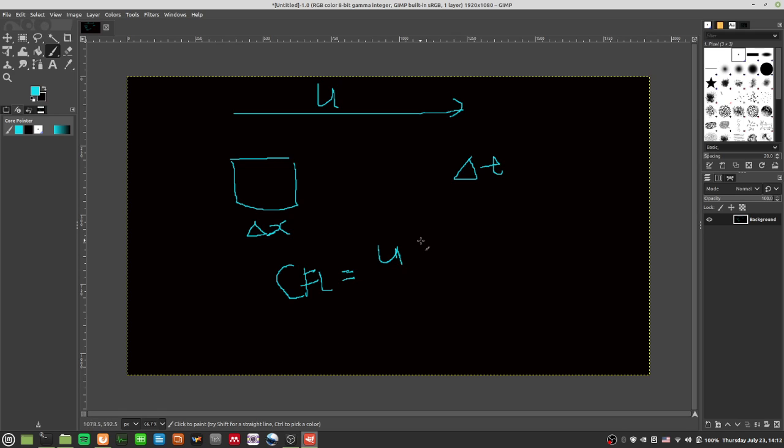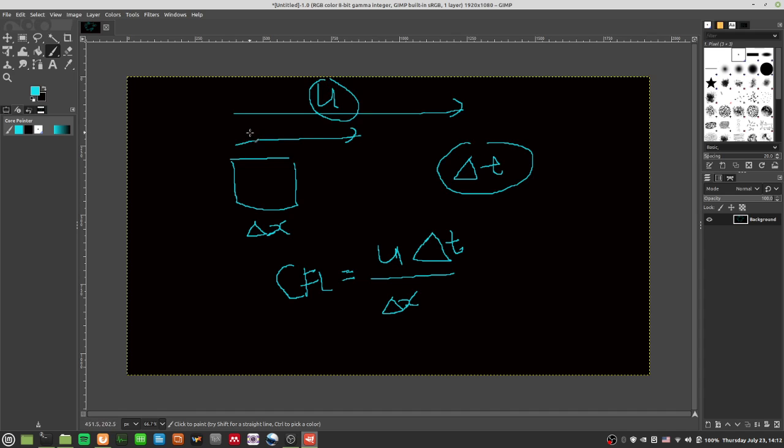It is u delta t over delta x. What it means is that if your velocity and time step give a length scale longer than the cell width, the tendency is for the simulation to become unstable.